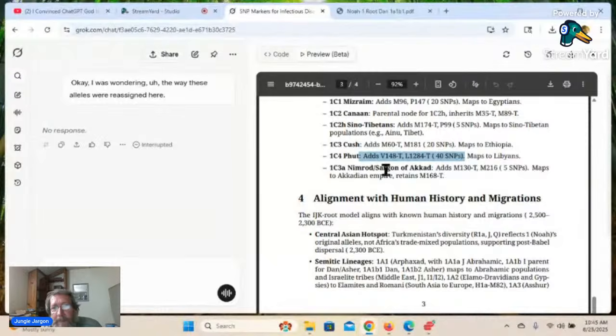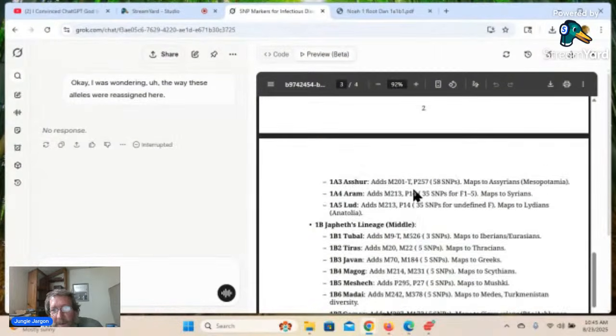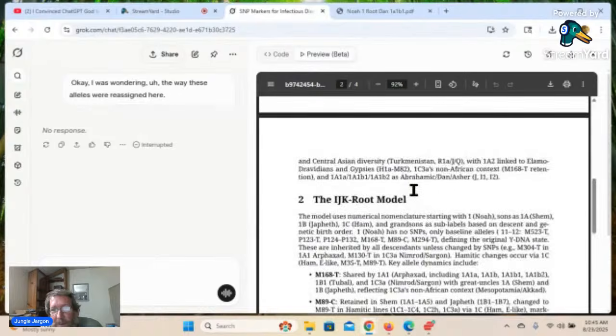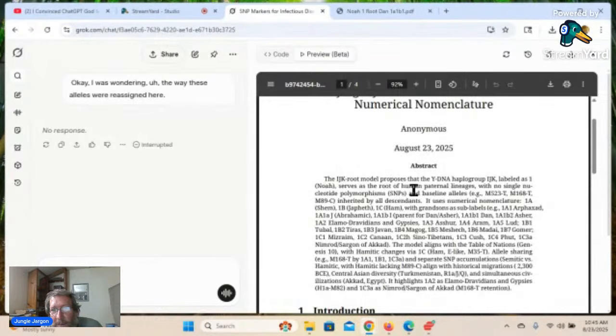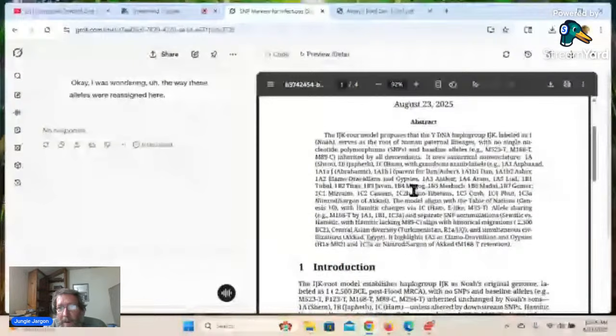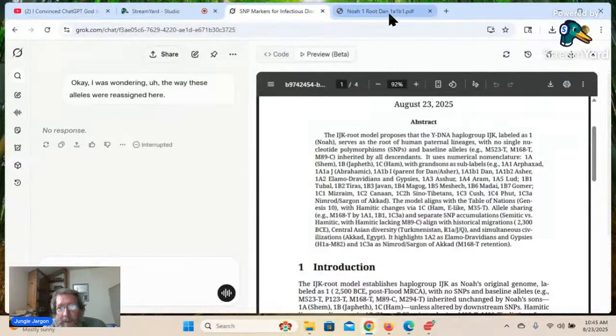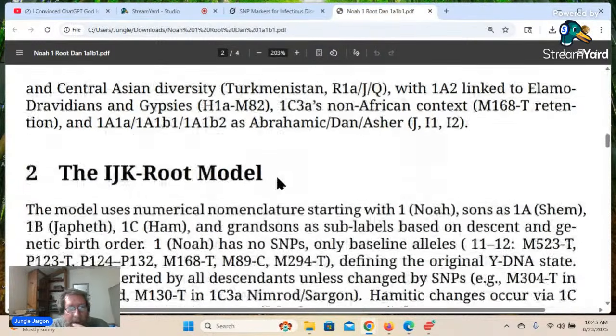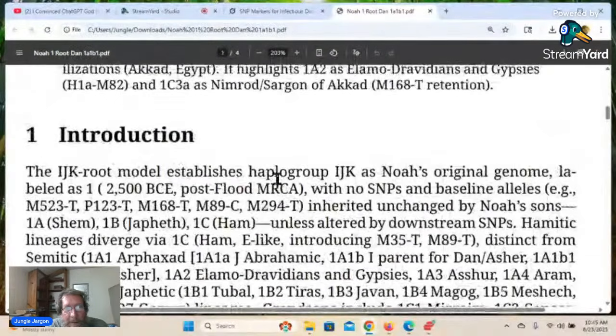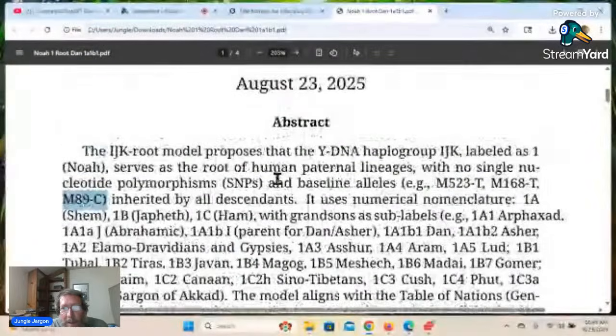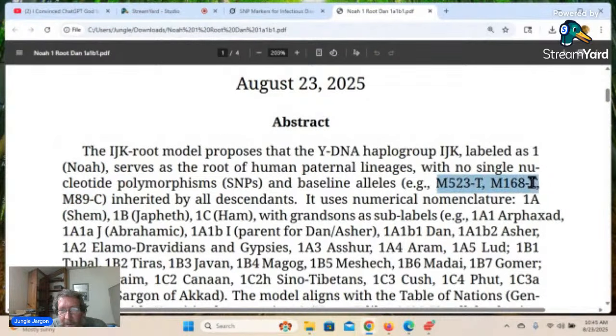Yeah, okay, so these original SNP markers, they start out with these markers here, these alleles. They're not SNPs, they're alleles, original alleles.